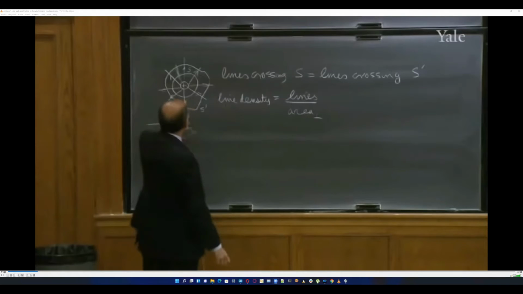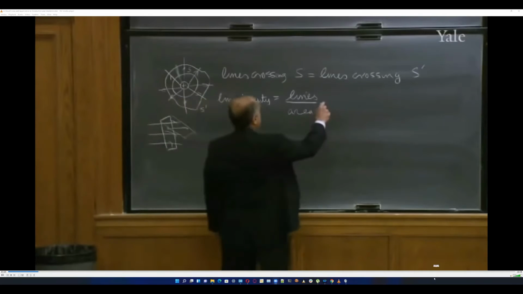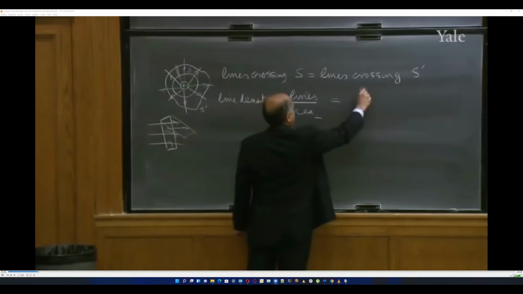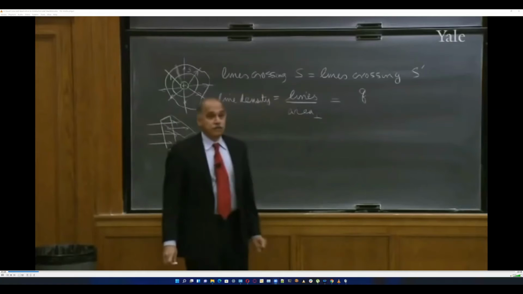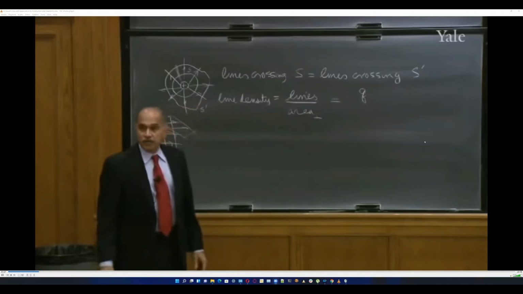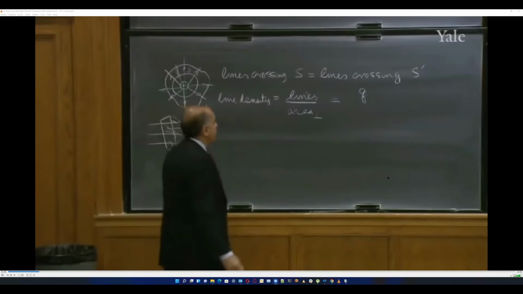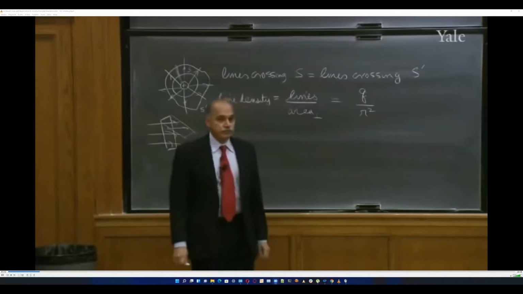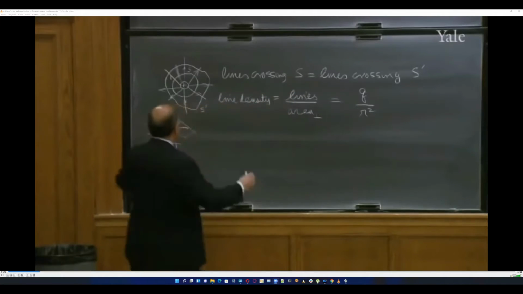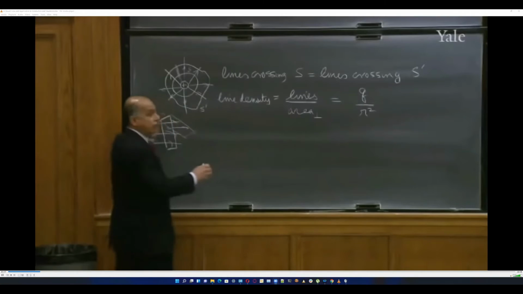What's the line density going to look like in this problem? Line density is going to be proportional to the charge you have, because we agreed we will put some number of lines per coulomb, and it's inversely proportional to the radius, because the area of a sphere of radius r is 4 pi r squared.